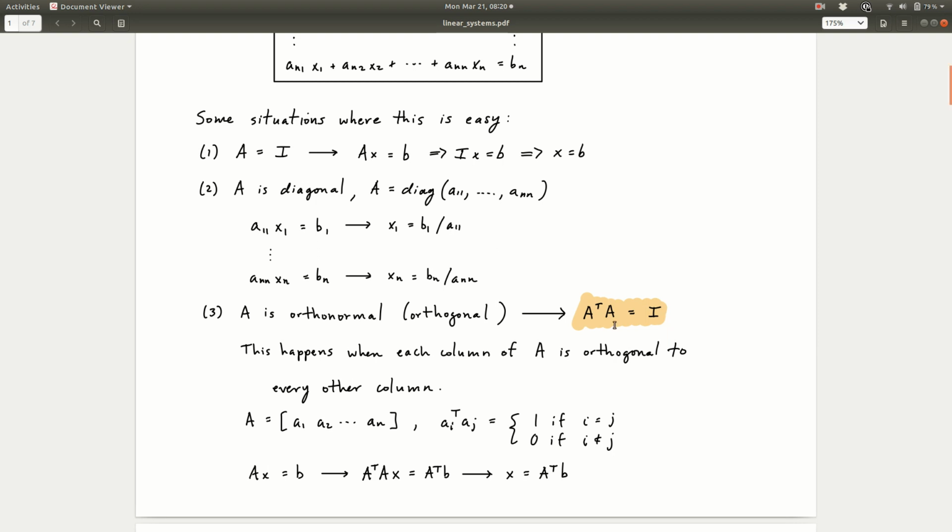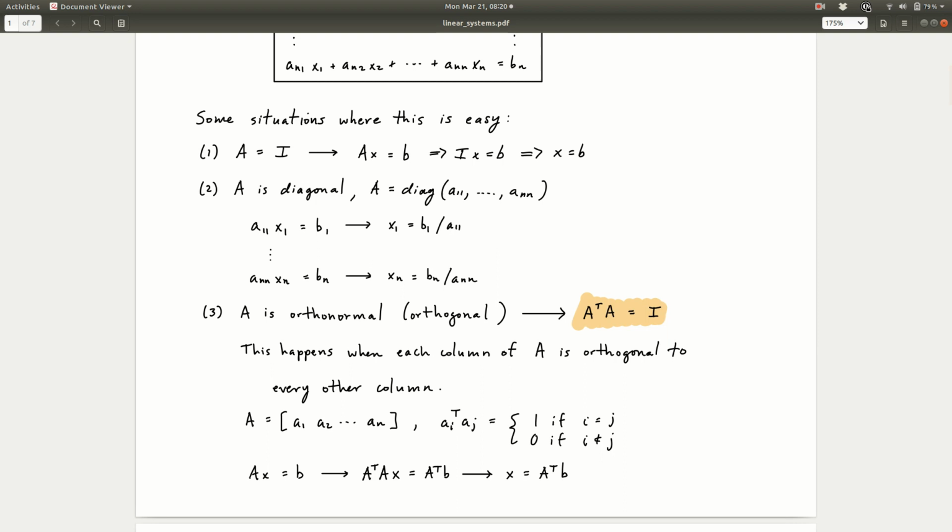And what this means is that if you take any matrix and multiply it by the input matrix A and you get the identity matrix, then this matrix that you multiplied it by must be the inverse. So orthonormal matrices have the property that their inverse is equal to their transpose.